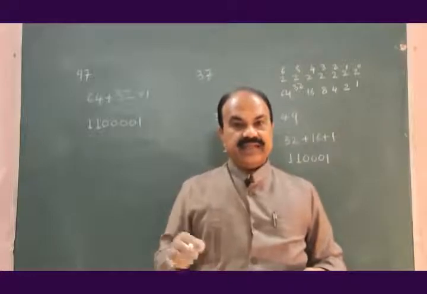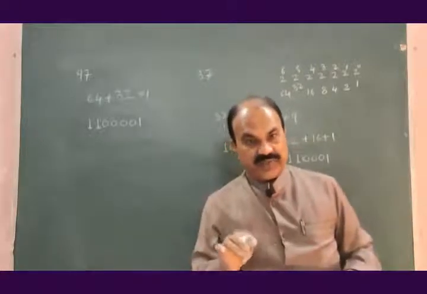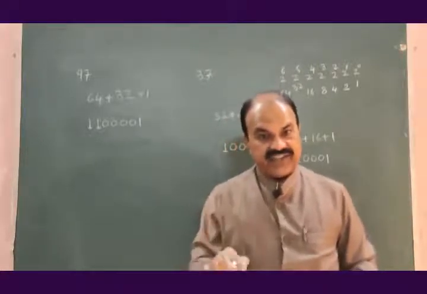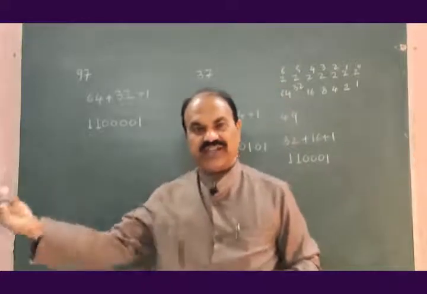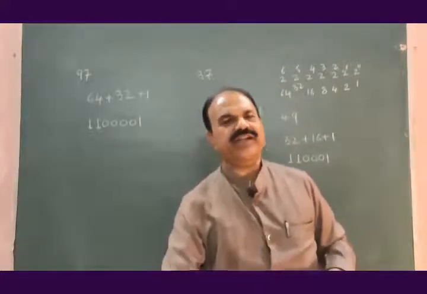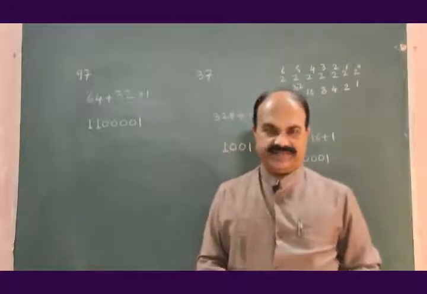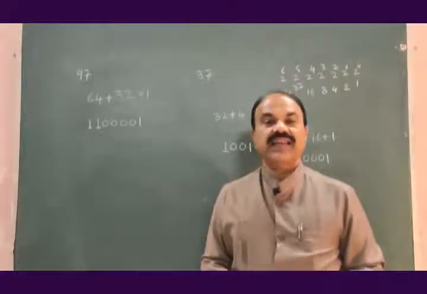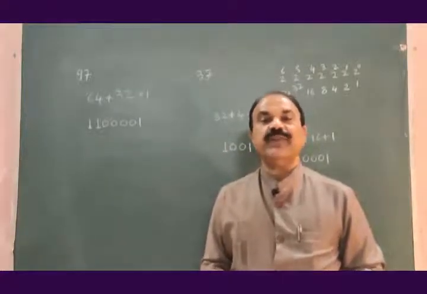Then divide the quotient by 2, again take integer division, and get quotient and remainder. Continue this division till the quotient becomes 0.